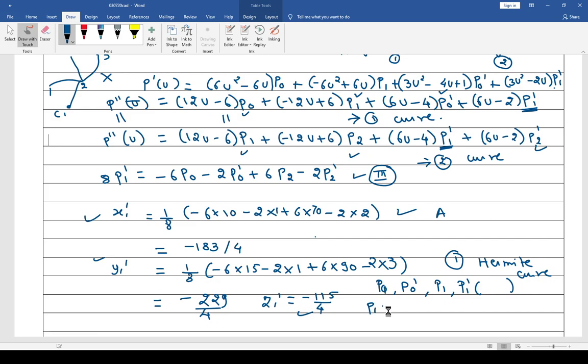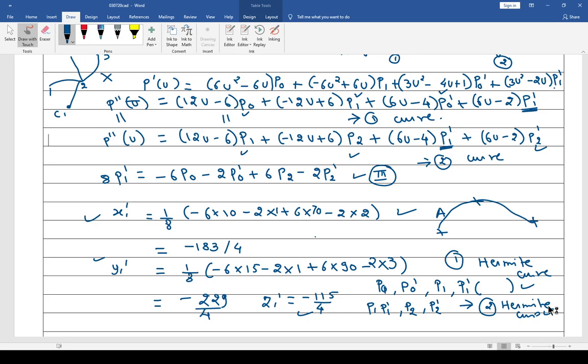Similarly, I know p1, I know p1 dash, I know p2, and I also know p2 dash. So from this I could get the second Hermite curve. So now we know how to calculate the first equation and second equation separately. You have to follow 2 different procedures, because you will have 2 different equations. Okay, in this way you can go ahead.